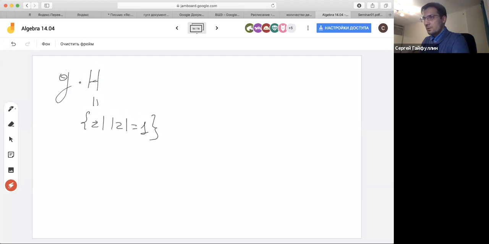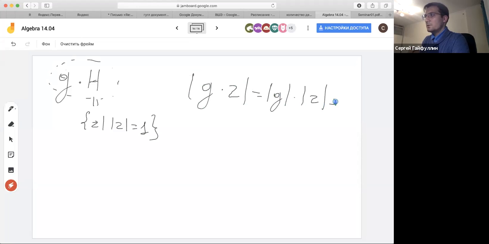What is this set? We have g, and we multiply it by z. What is the modulus of this one? The modulus of this one is equal to the modulus of g multiplied by the modulus of z, so this is equal to the modulus of g.